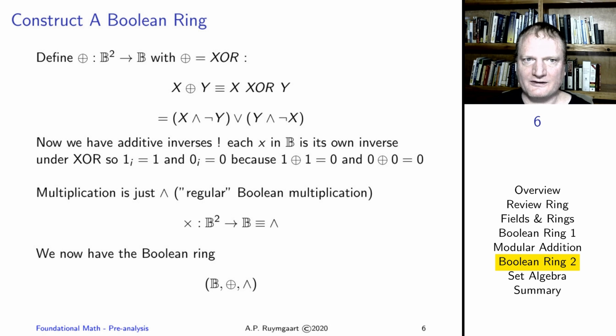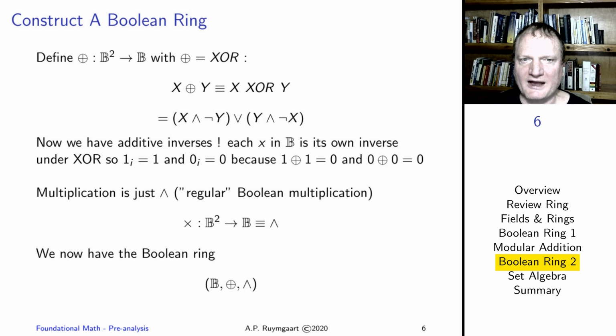If we define the binary operation O plus, that maps ordered pairs in B squared back to single elements in B, as the XOR operation, we can form our Boolean ring along with the multiplication operation that we already defined as traditional Boolean multiplication. To carry out the XOR operation, we can use the formula shown here. XOR is equal to X and not Y, or Y and not X. That yields the result XOR, and you'll get the same values we saw in the list on the previous slide.